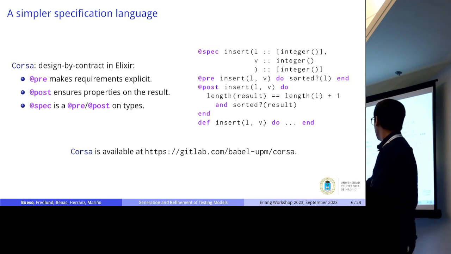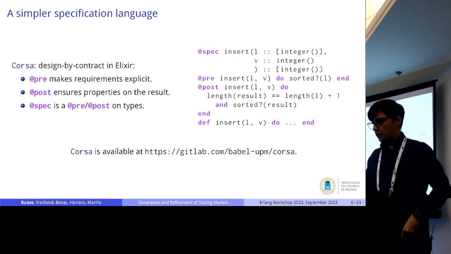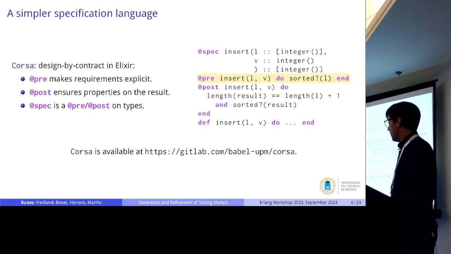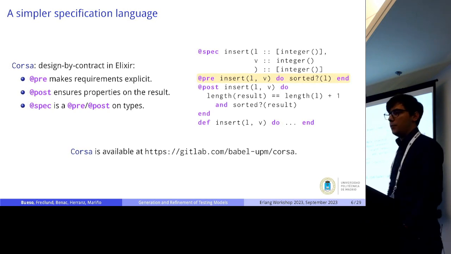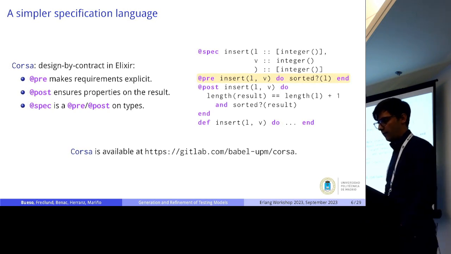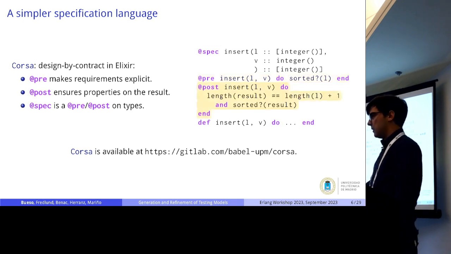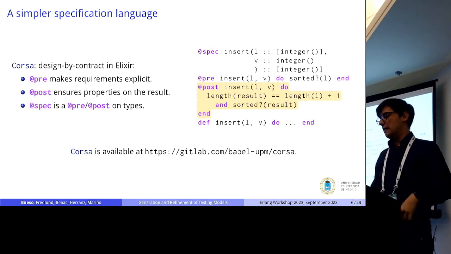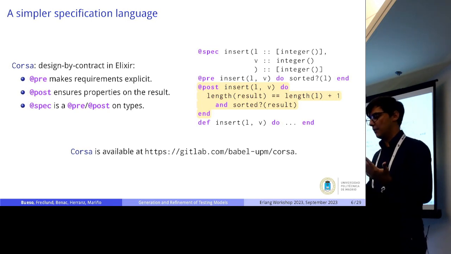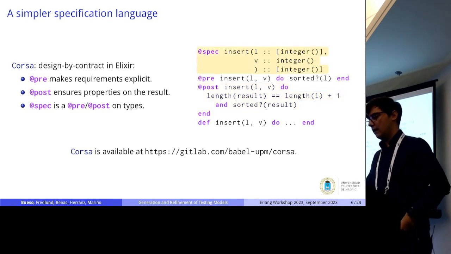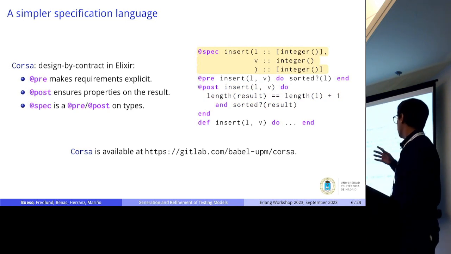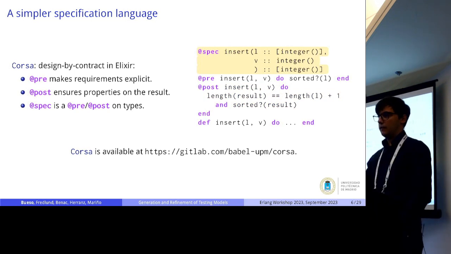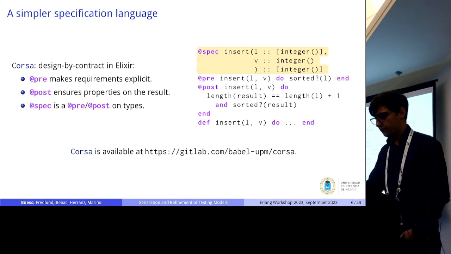So here in our insert function, we have this precondition that the input list must be sorted. We have this postcondition that the result list should be sorted and its length must be incremented by 1 after inserting an element. And we have this spec that tells us the types of the function.